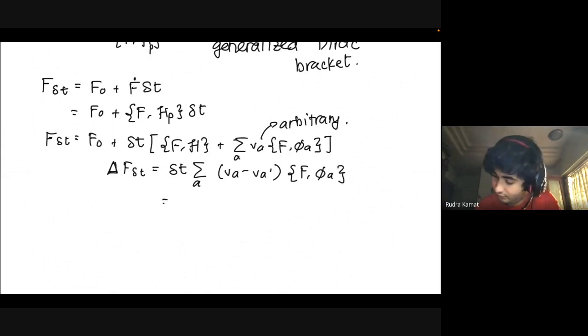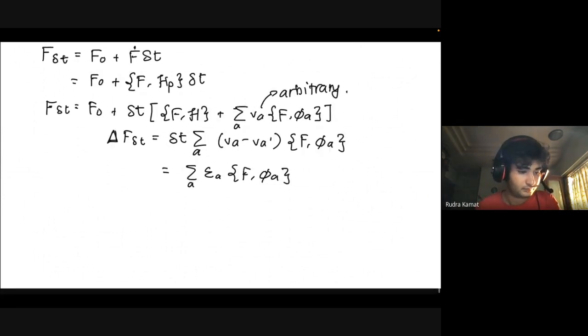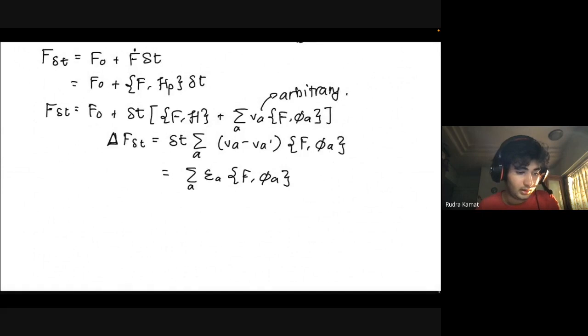And now we can just redefine everything so that it looks like that, where epsilon sub a is va minus va prime times delta t.